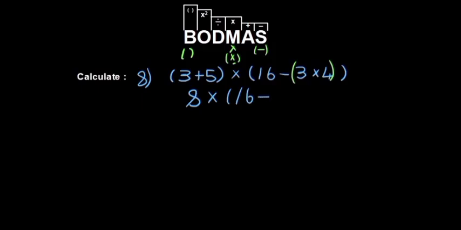So we're going to multiply a 3 by a 4 to get 12. And now this multiplication is gone.